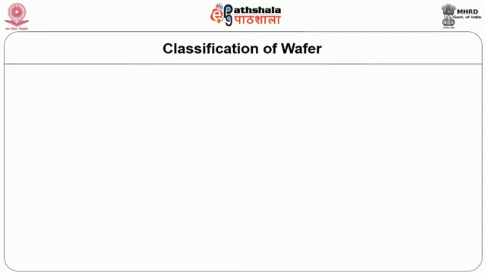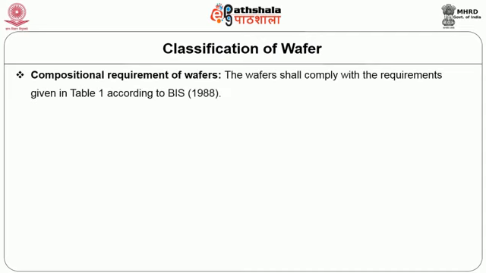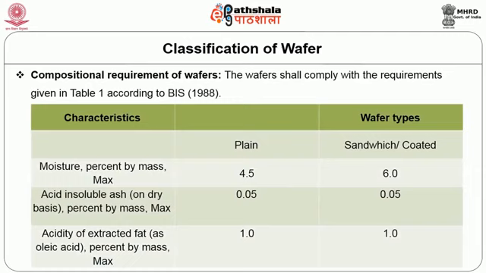Now we can see from the table the compositional requirements of wafers. The wafers shall comply with the requirements as given in the table. We can see that the moisture percentage by mass should be maximum 4.5% for plain wafer, whereas 6% for sandwich and coated wafer, whereas the other parameters remain the same for both types of wafers.